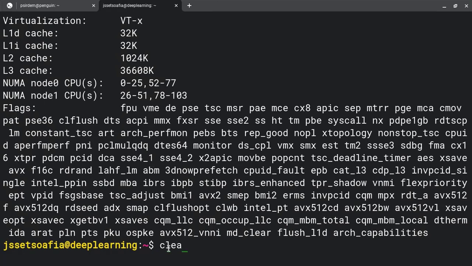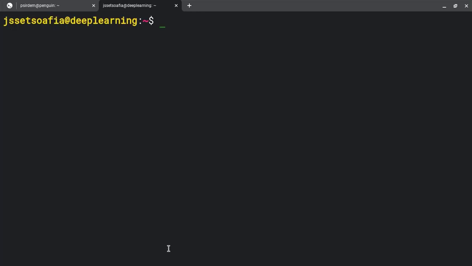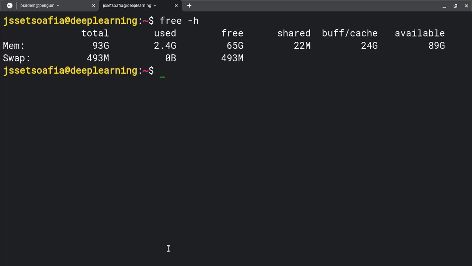And then let's look at the memory, because every CPU needs a memory. So if I do free -h here, you see that the memory is 93 gig, which means that all the 104 cores would have to share it.